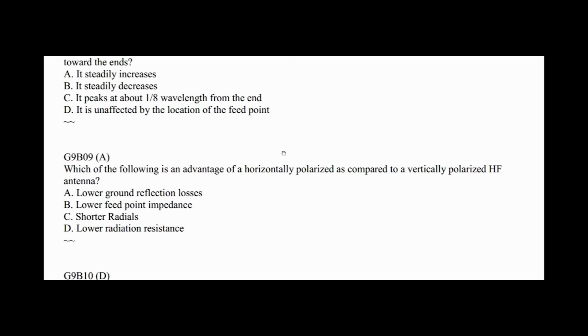G9B09, which of the following is an advantage of a horizontally polarized as compared to a vertically polarized HF antenna? Let's see, they have lower ground reflection losses. Well, that's true because I talked about verticals having the radials on the ground.